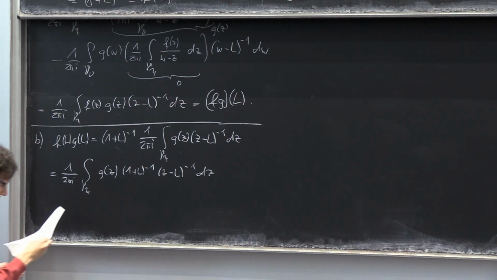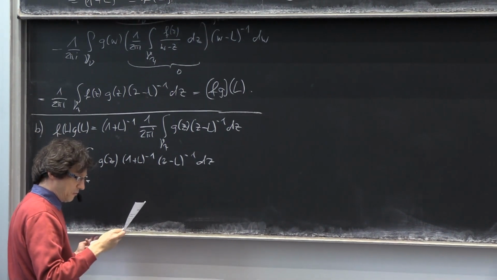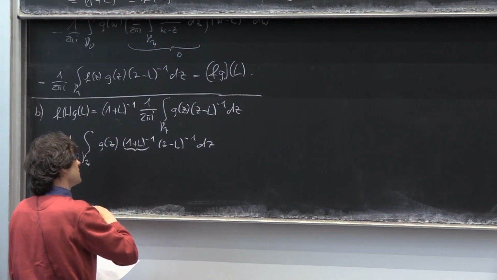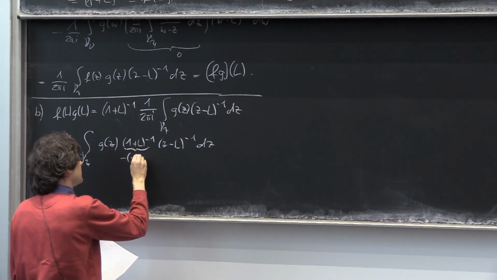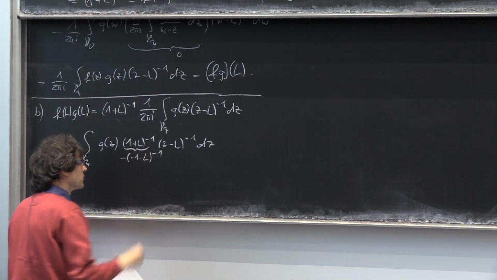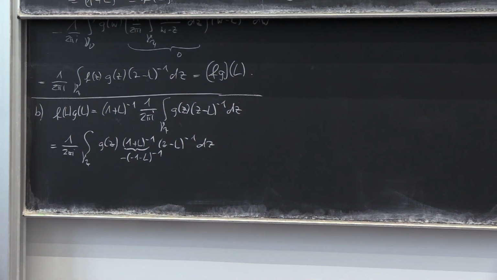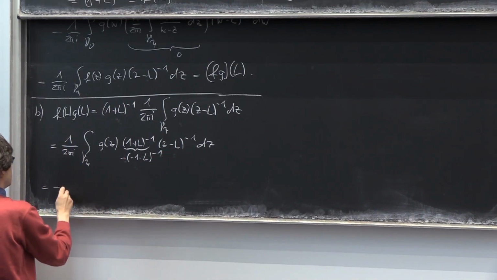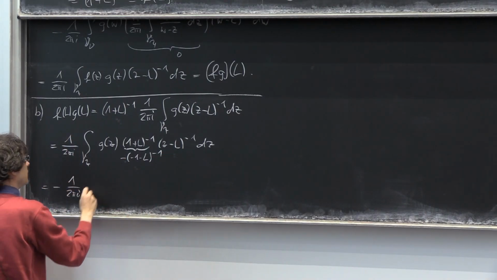But now there are several awful minus signs not to forget. So the best thing, I think, is to write this as minus 1 minus L to the minus 1. So let's make 4 minus signs out of 1. But then you have the usual form of the resolvent identity. So I'll keep that minus in front here.